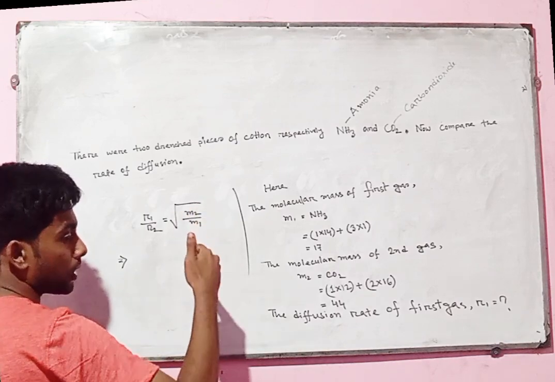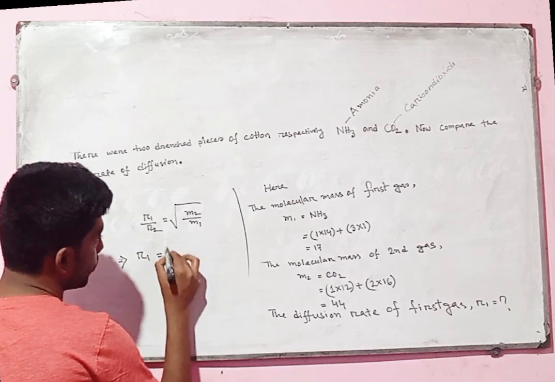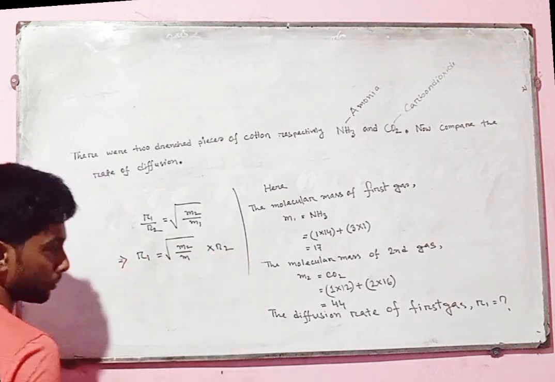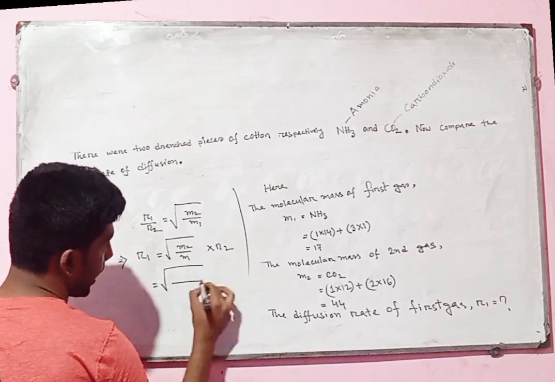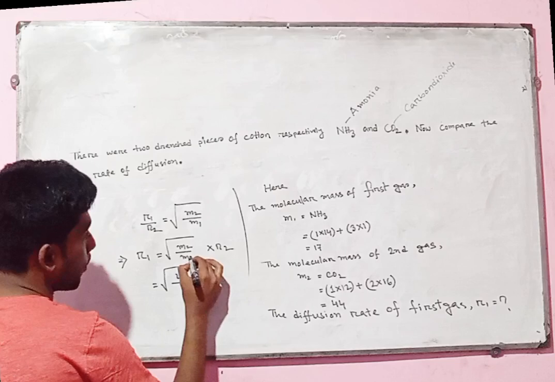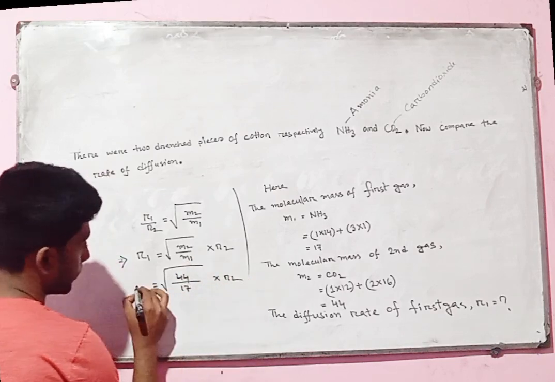If we transfer it to the other side, we write R1 equals root over M2 by M1 into R2. Then M2 means 44 and M1 means 17, into R2.